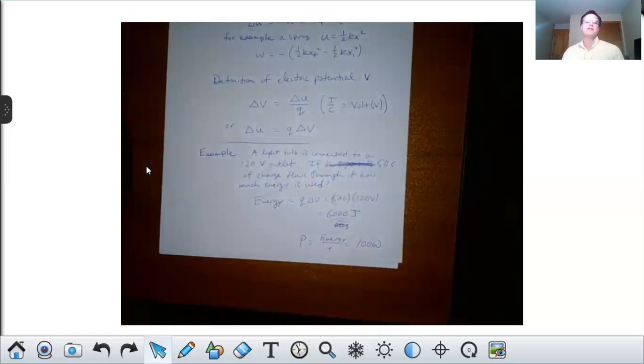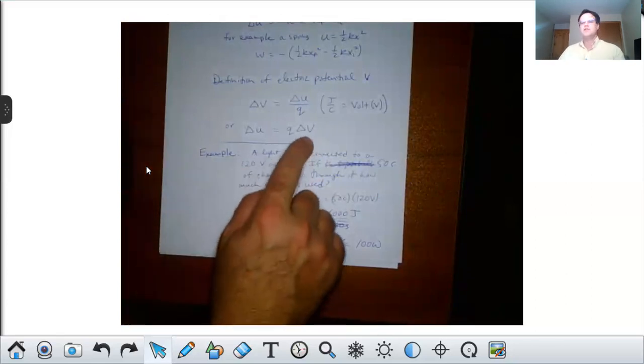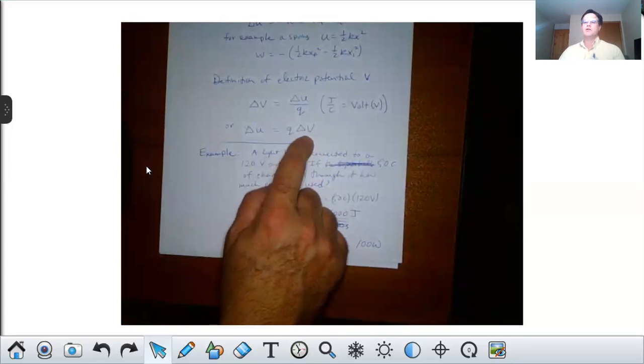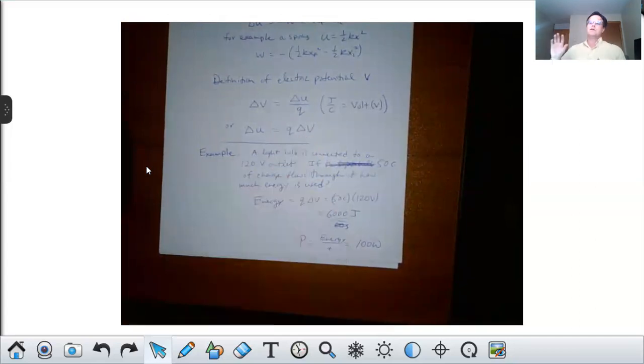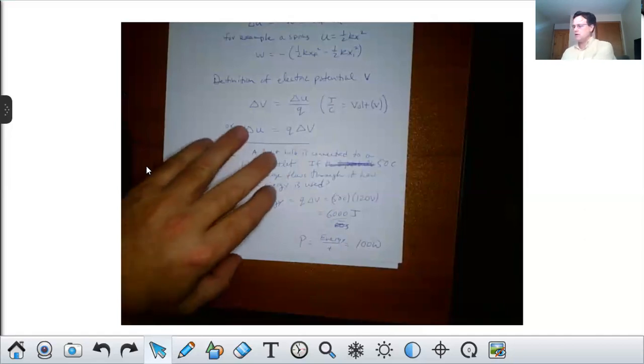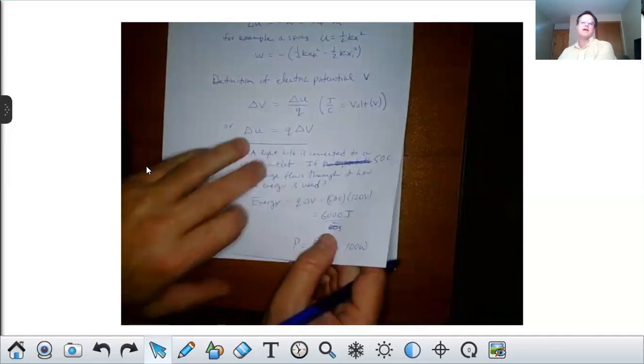Different devices will use up different amounts of energy, depending on whether more charge is going through them, but they are still connected to the same voltage, 120 volts. That's one of the reasons we define voltage. We want to talk about a quantity that doesn't depend on the test charge that's going in there.